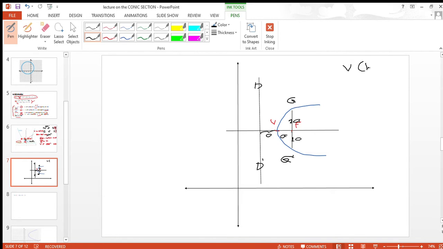So if the vertex is at (h, k), and for example our parabola is opening to the right, what will be the coordinates of the focus?